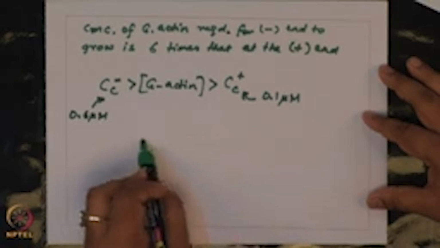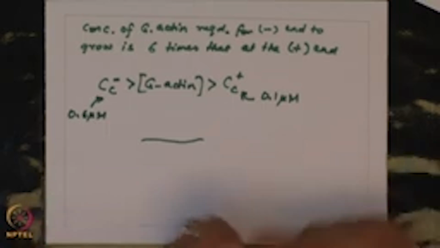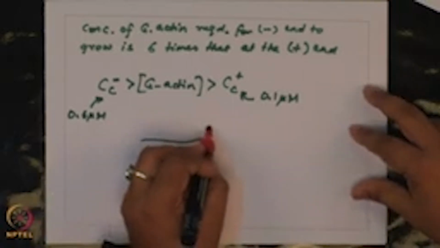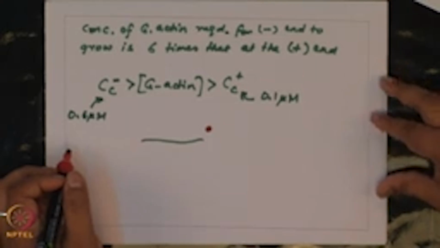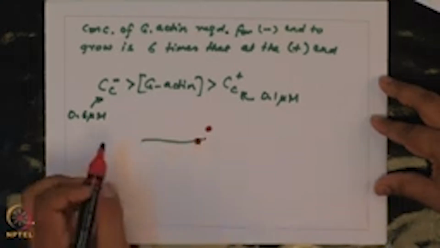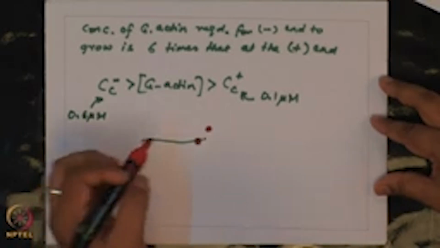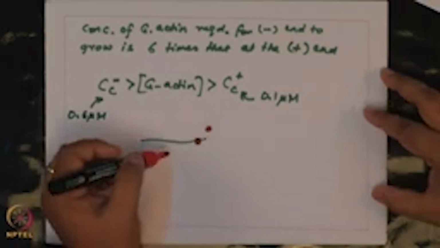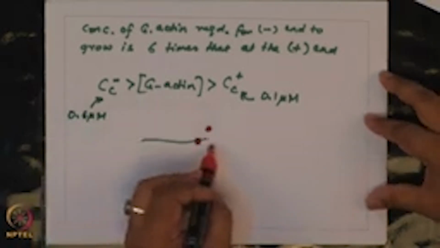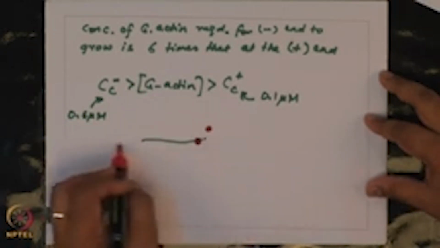You have an existing filament, and let us say you tagged one of your monomers red. This monomer will get added to the filament. Because at this concentration the filament will grow at a much faster rate at the plus end compared to the minus end.